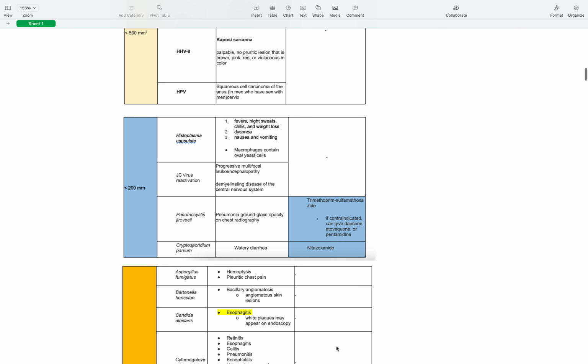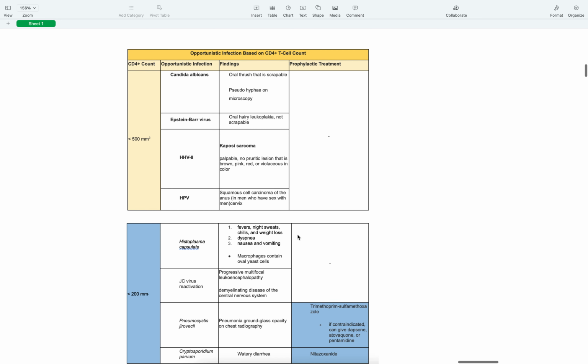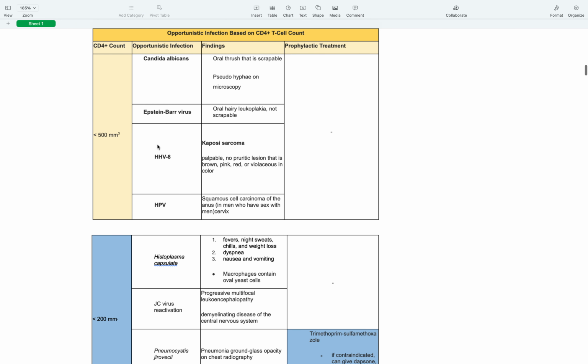Now let's see what are the bugs that cause those opportunistic infections. A count of less than 500 can result in Candida albicans, which is confined to oral thrush, Epstein-Barr virus, HHV8, and HPV viruses. Candida albicans and Epstein-Barr virus cause similar oral lesions.